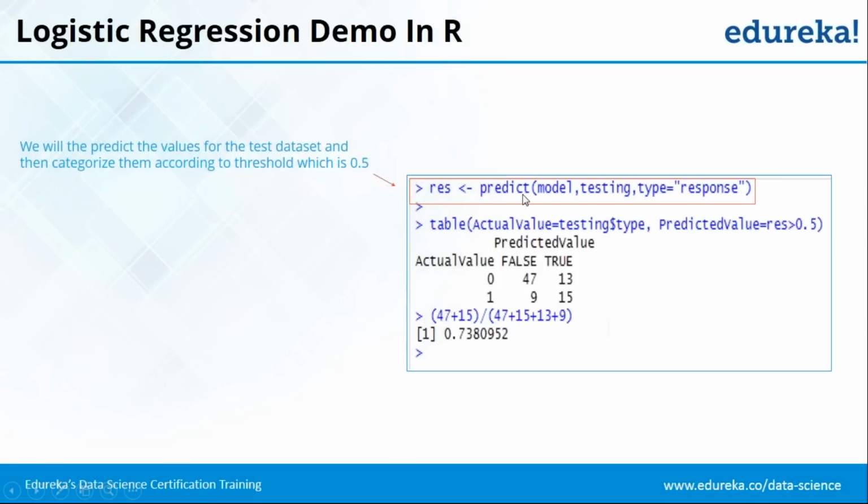So we write predict, and in the predict function we pass the model that it has to refer to and predict a value from. We pass the data set, the values that we'll be taking from the data set to predict the value, and the type of that answer should be response, right? And it will be storing all of this in the res variable. So we saw the res variable, it has all the probabilities.